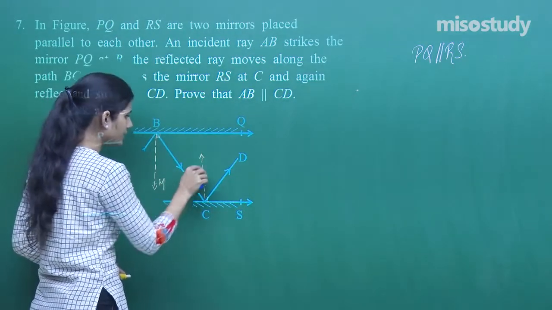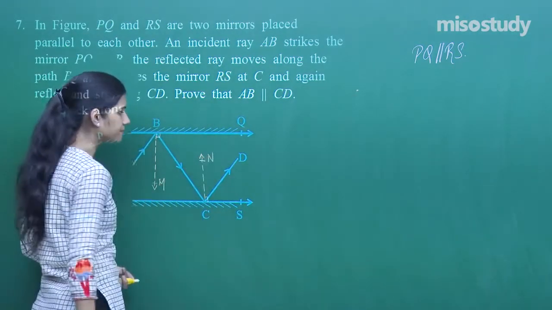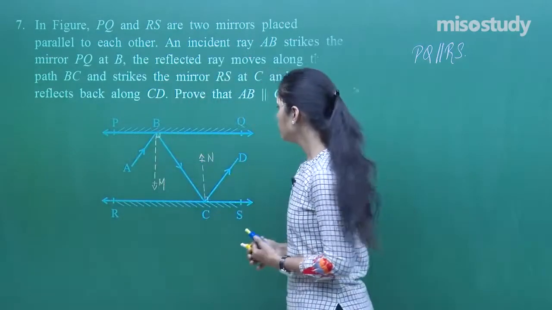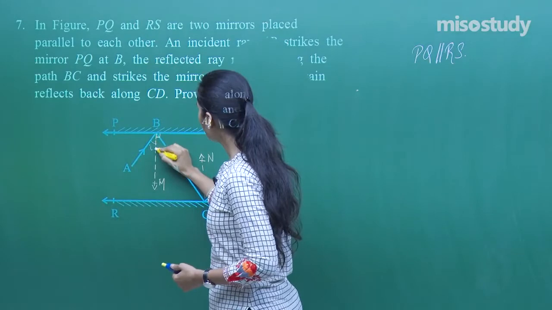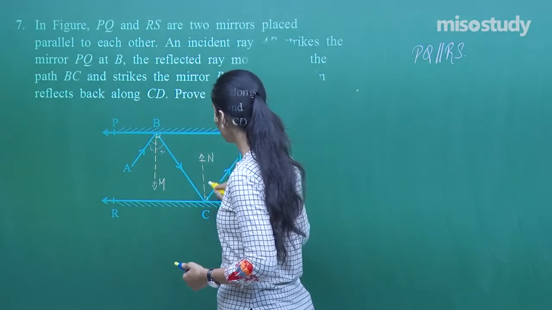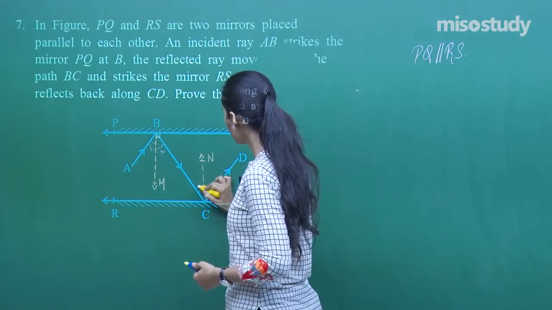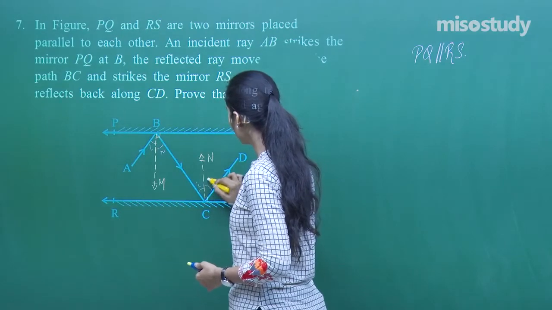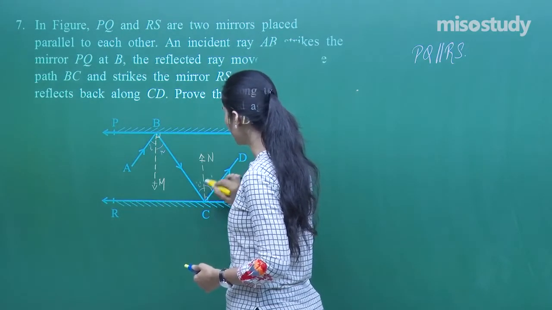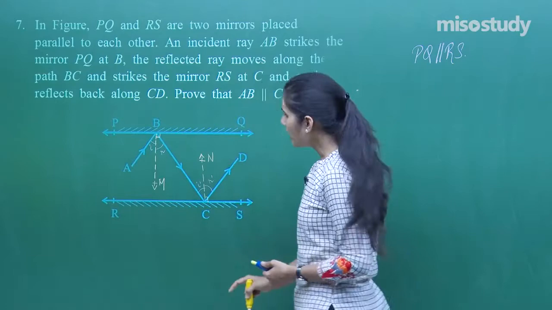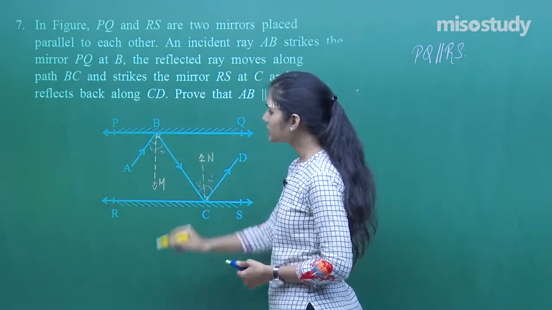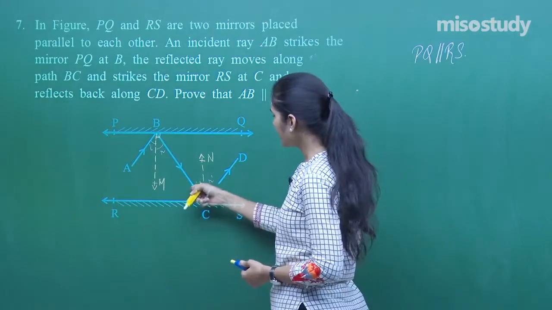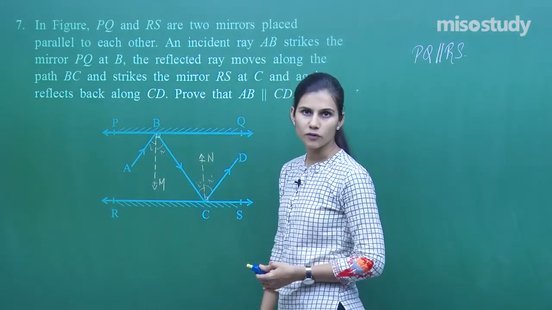Let me say somewhere here is M and somewhere here is N. Is it understood? Over here, this is angle of incidence and this is angle of reflection. Again, now this is angle of incidence and this is new angle of reflection, say I dash and R dash. You know that this is incident ray, reflected ray, this is the normal, then angle of incidence is equal to angle of reflection, and here angle of incidence also will be equal to angle of reflection.